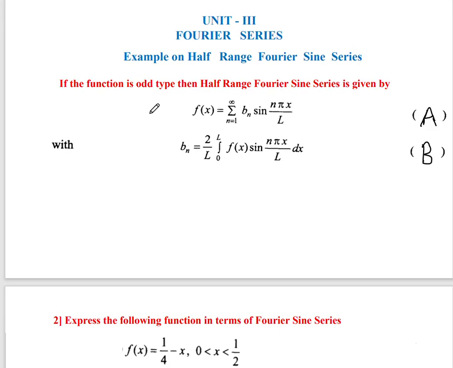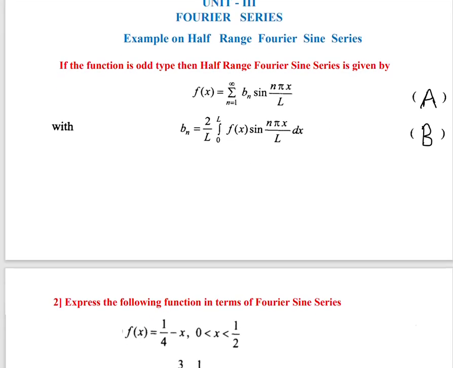If the given function is an odd type, then the half-range Fourier sine series is given by f of x equal to summation n equal to 1 to infinity bn sin n pi x upon capital L. And here bn is the coefficient of this series. bn is 2 upon capital L integral 0 to L f of x sin n pi x upon L dx. So these are the formulas to solve the problems.